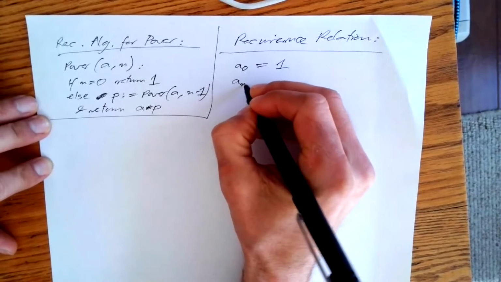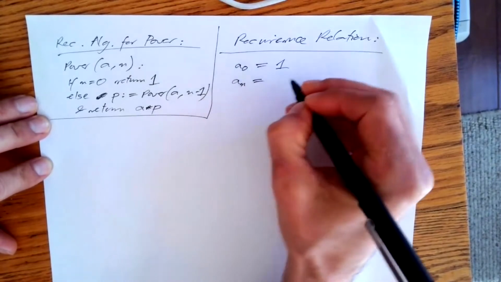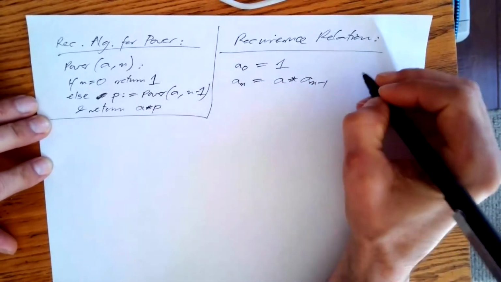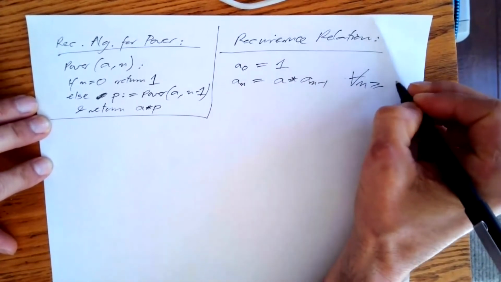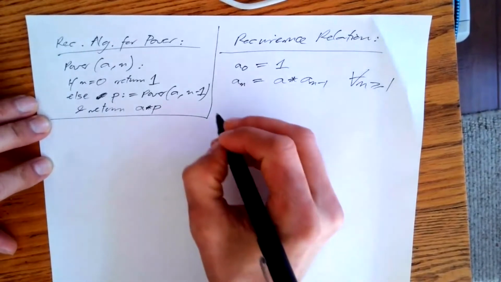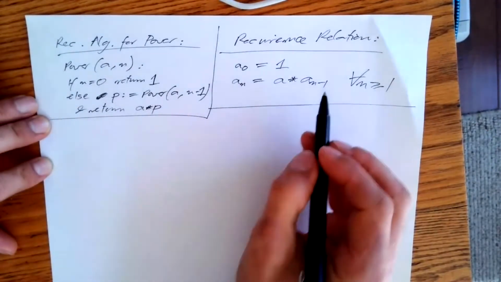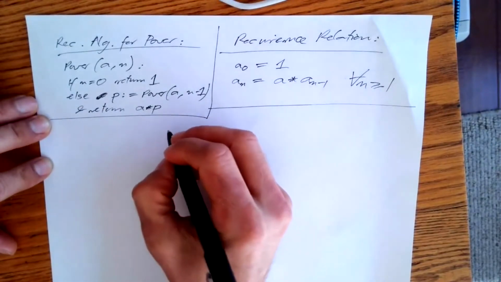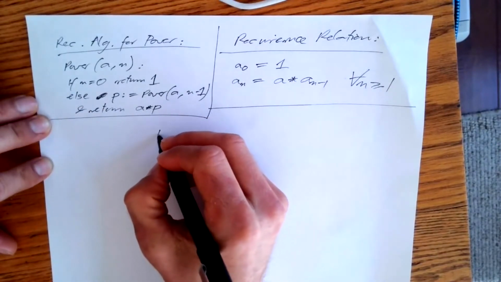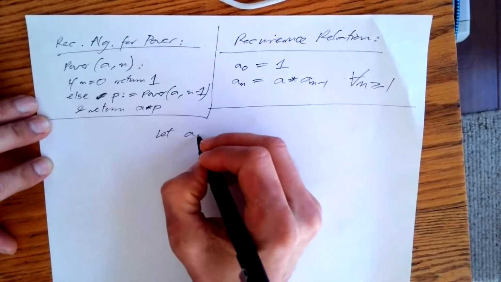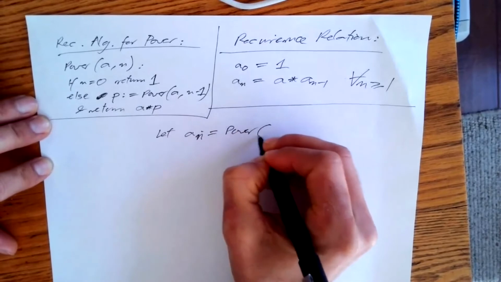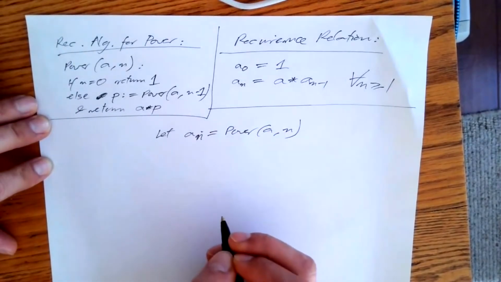And an is defined as a times a n minus 1 for all n greater or equal to 1. Okay, this and this are the same thing, right? How are they the same thing? Just let an be defined as power a n, right?